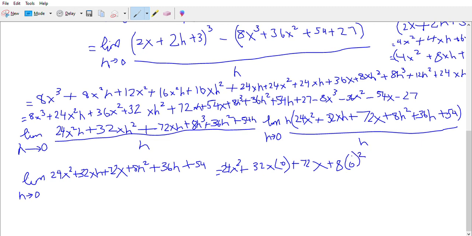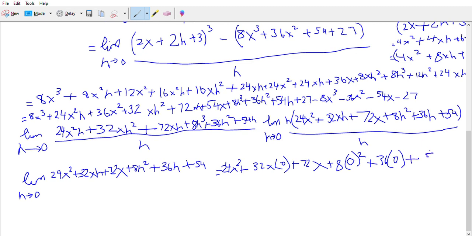That's a 0, by the way, not a 6. Yeah, apparently no good at writing. So that's 0. Oh my. Right at the end, I'm facing so many hurdles. Plus 36 times 0 plus 54.